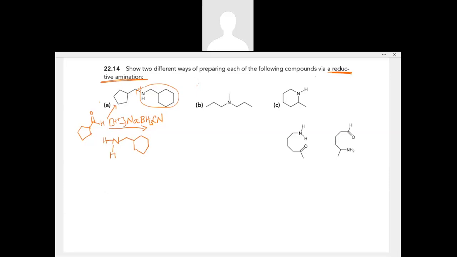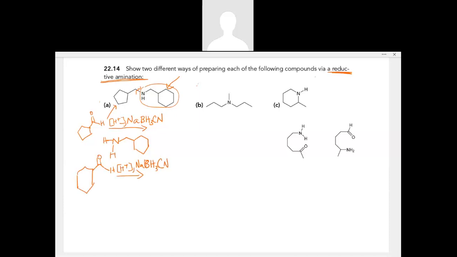We could work the other way, where we would utilize the aldehyde that corresponds to this side of the compound. So let's start with a six-membered ring and draw that aldehyde here. We'll use the same reagents: acidic conditions with sodium cyanoborohydride.